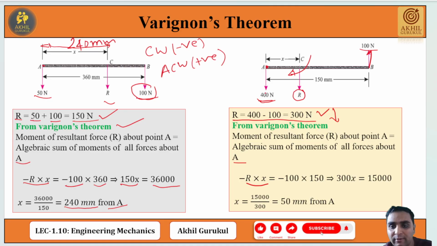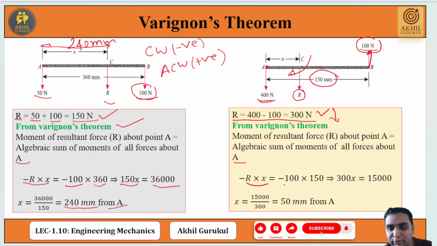should be 0. Why? The line of action of the 400 Newton passes through the point A, so moment of 400 about A should be 0. So again, we calculate moment of 100 Newton about the point A. So 100 Newton into distance between A and line of action of 100 Newton should be 150 mm.